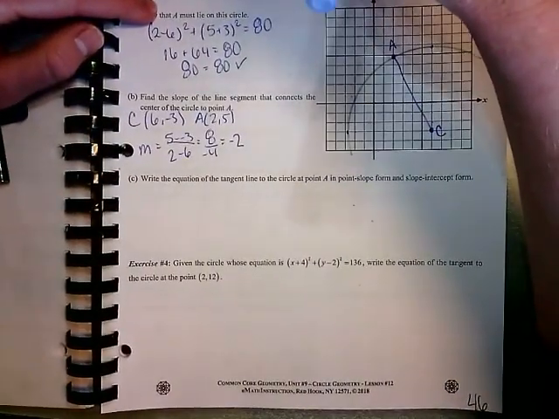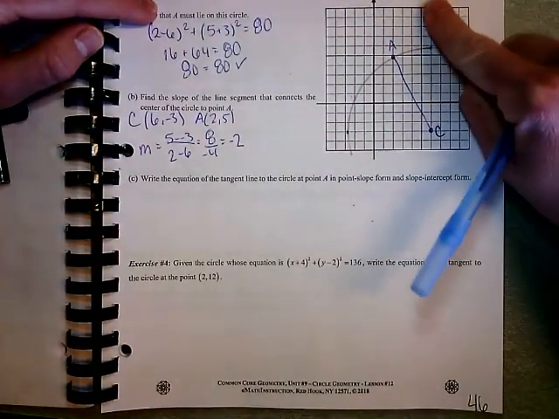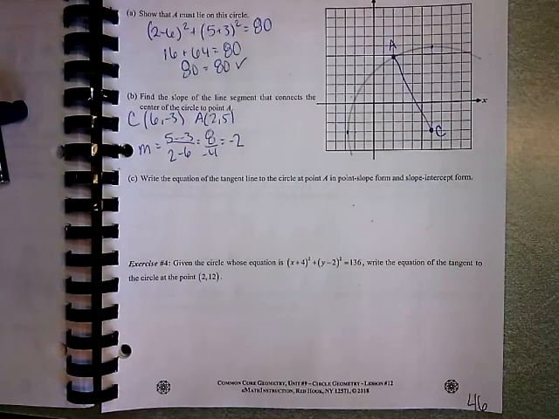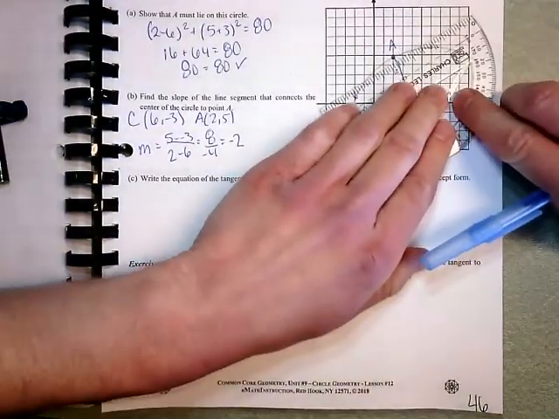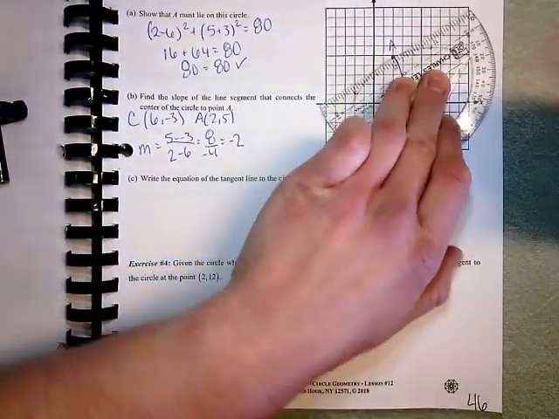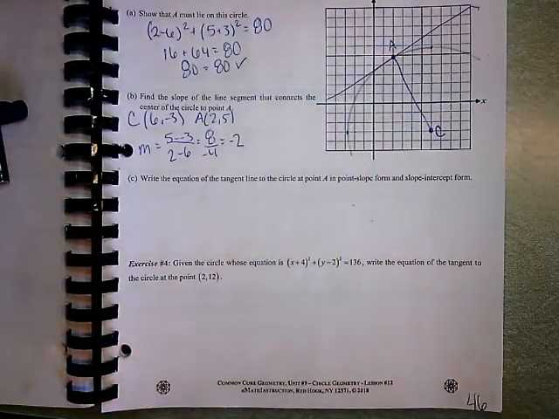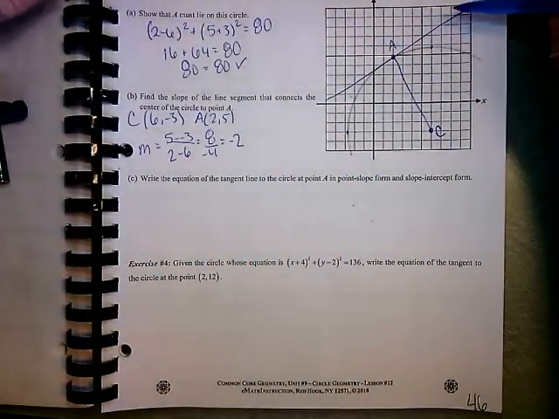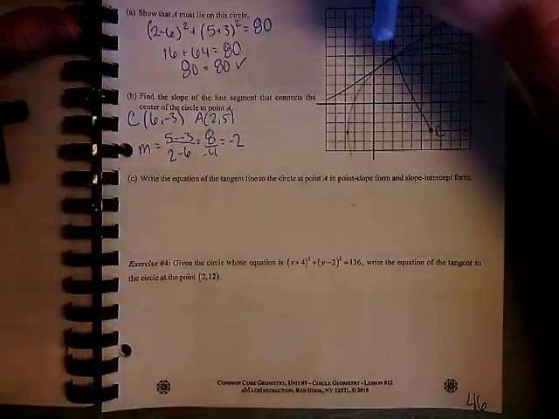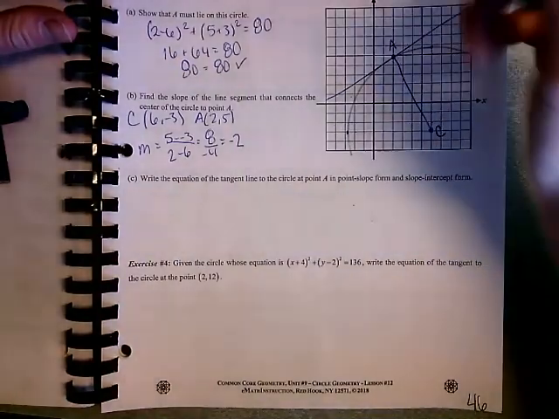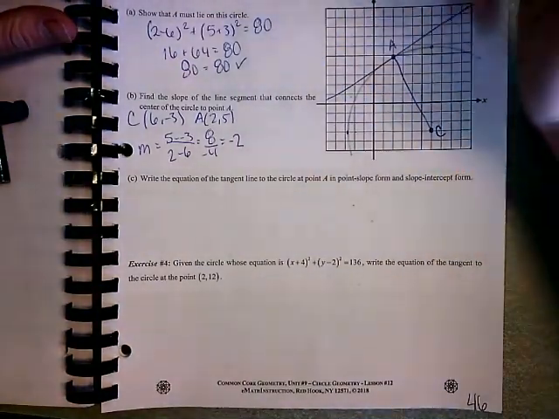Now we want to write the equation of a tangent line to the circle at point A in point slope form and slope intercept form. Here is the tangent line at point A. That's the line we want to find the equation of. Remember, the radius is perpendicular to the tangent line.